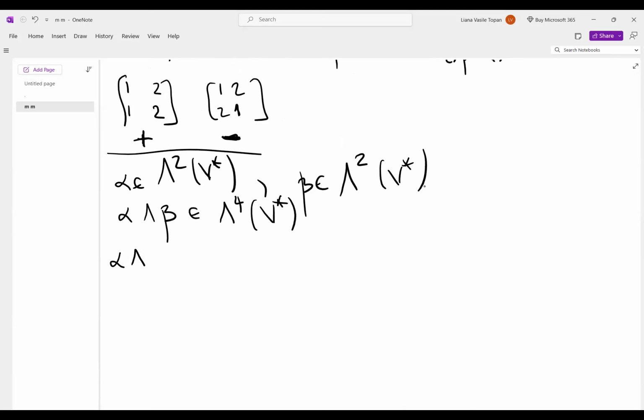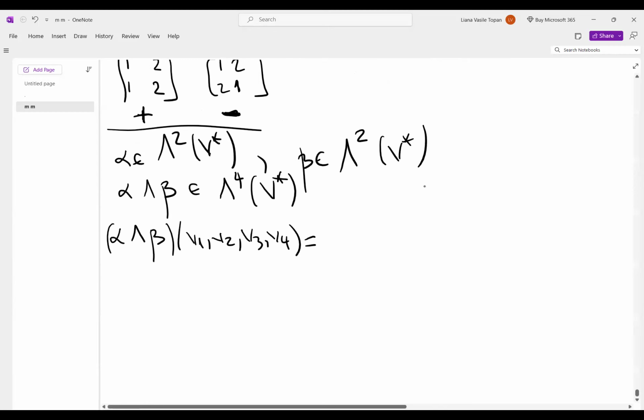So you'll apply it on 4 vectors, v1, v2, v3, v4. All right, so now we need to do what? So it's 2 and 2, right? You will have all the permutations of 1, 2, 3, 4 with all the two shuffles, we say. With the property that the first 2 images are increasing and the last 2 are increasing.